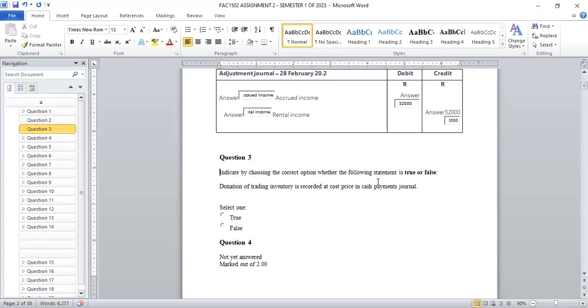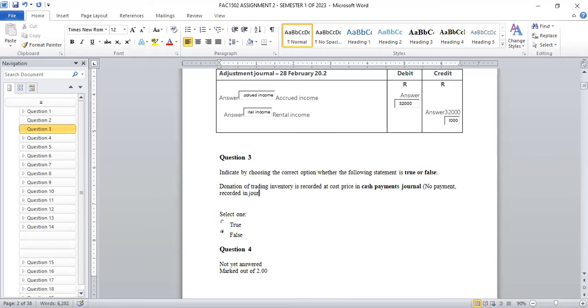Indicate by choosing the correct option whether true or false. Donation of trading inventory is recorded at cost price in the cash payments journal. It's false. Yes, it's recorded at cost, but the wrong thing is the cash payments. When you donate inventory, there's no payment. It is recorded in the general journal.